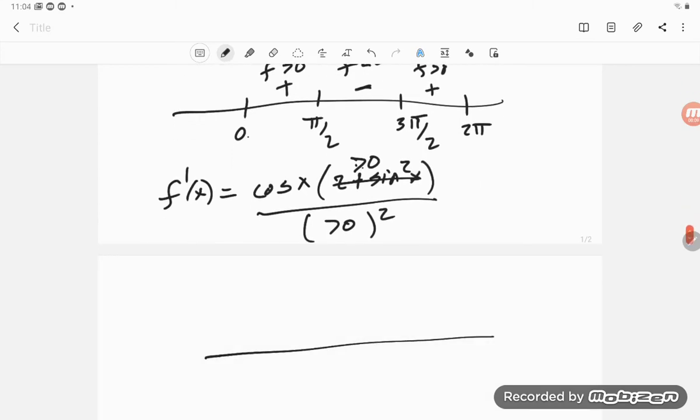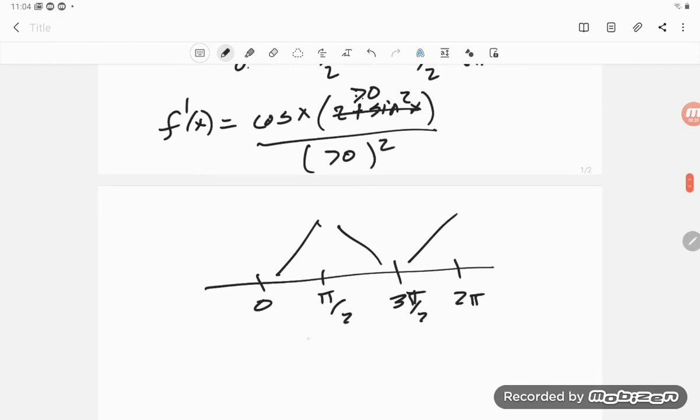If I redraw this real quick, 0, pi over 2, 3 pi over 2, and 2 pi, what we see is that was positive, that was negative, that was positive. Okay, so we have everything defined, so this is a relative max at pi over 2, and we have a relative min at 3 pi over 2.